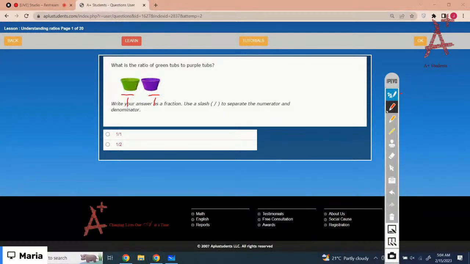So the ratio is 1 by 1. Got it? No, not 1 by 2. Ratio of green tub to purple tub, not the total one. One is green and one is purple, so it would be 1 over 1. Just listen to the question carefully. So it would be 1 over 1. Got it?